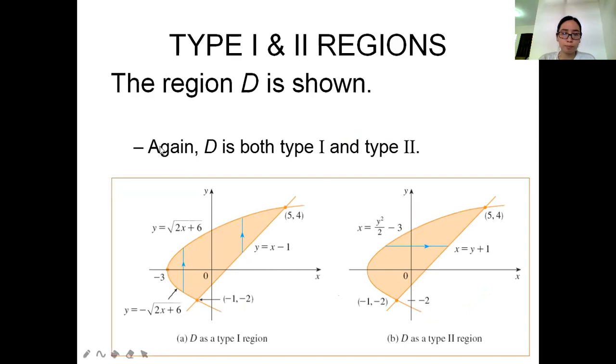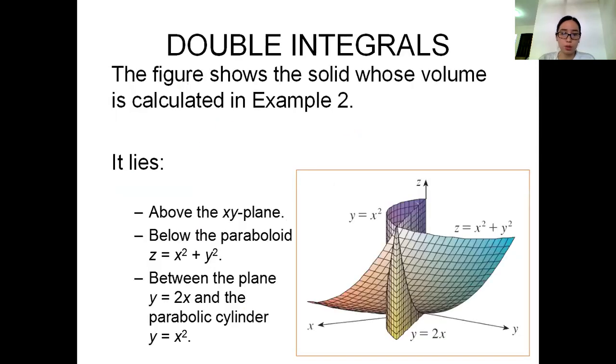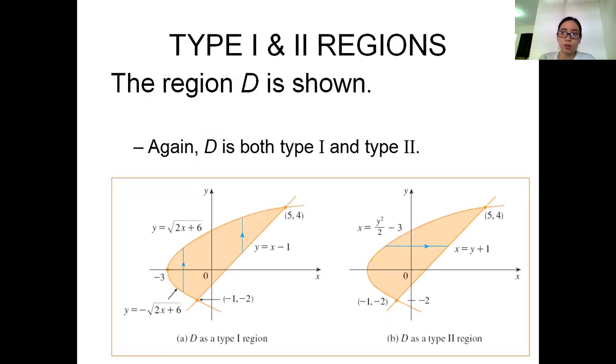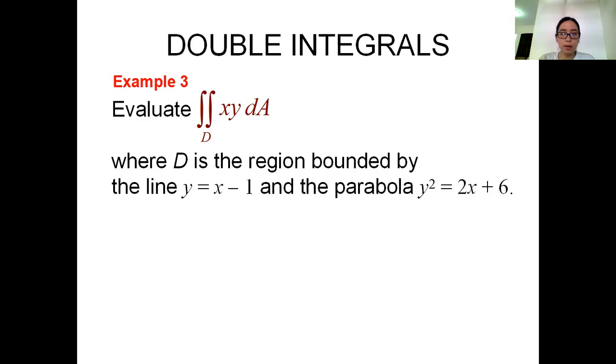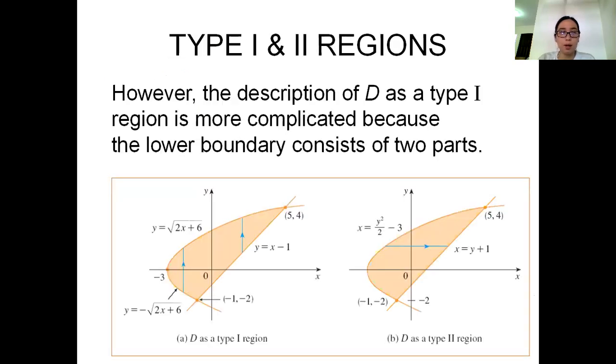Again, this region D can be both a type 1 and type 2 region. Even if you cannot graph, you can just extract the given directly from the problem so that you are not confused and can solve it continuously.